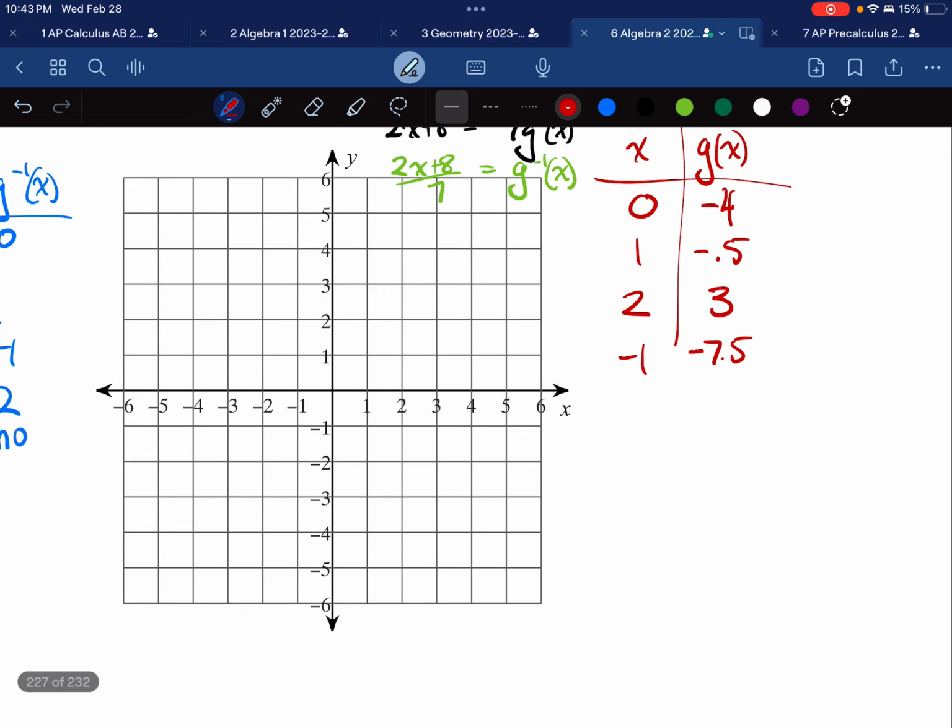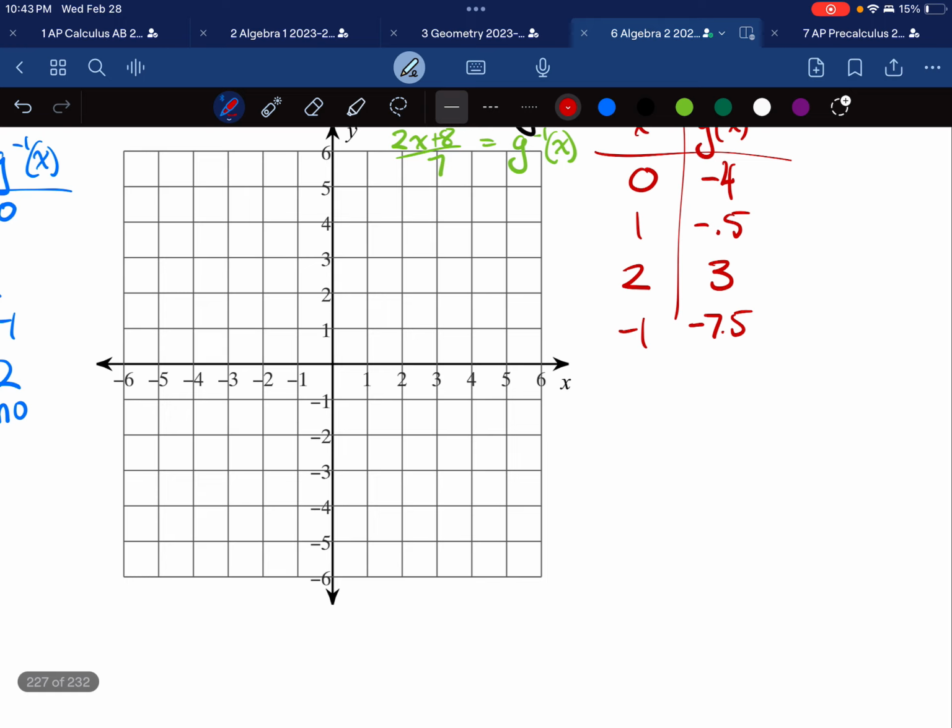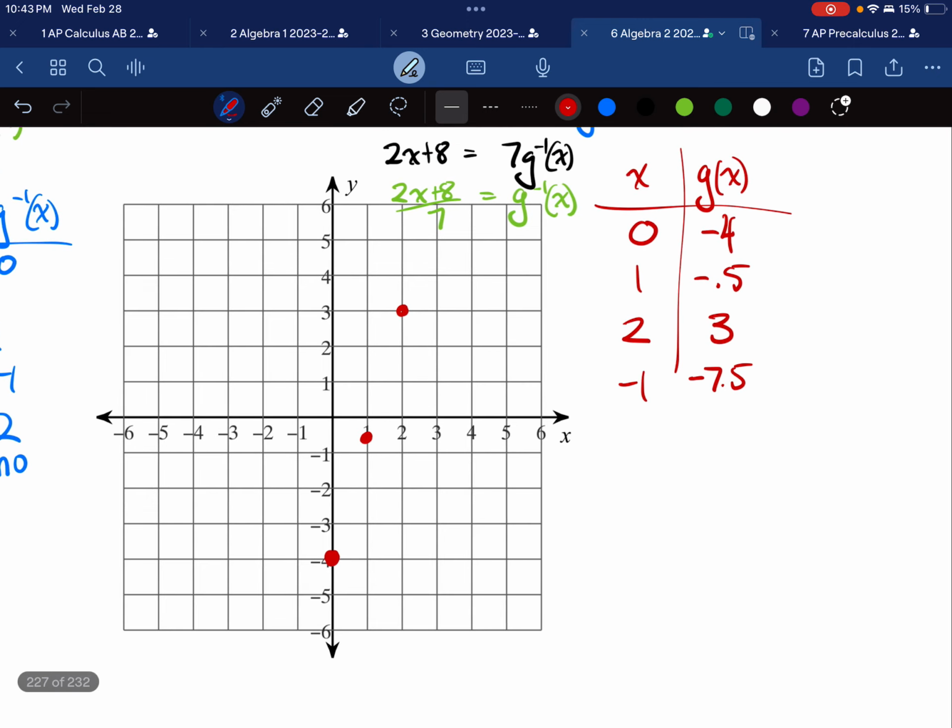Let's graph this and see where we're at. I think that might be enough. 0, -4. 1, -1/2 is right there. 2, 3 is right there. And -1, -7.5 is off the graph.